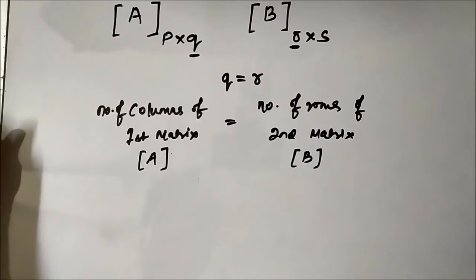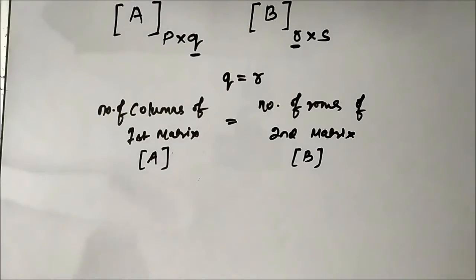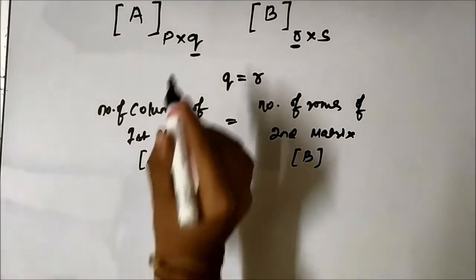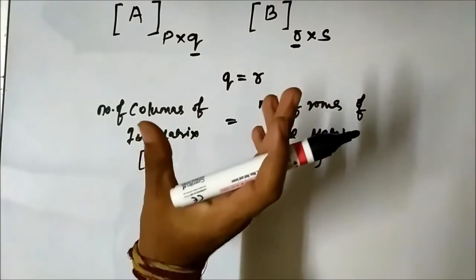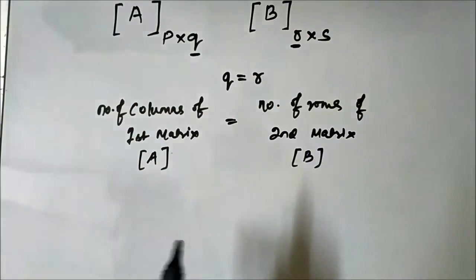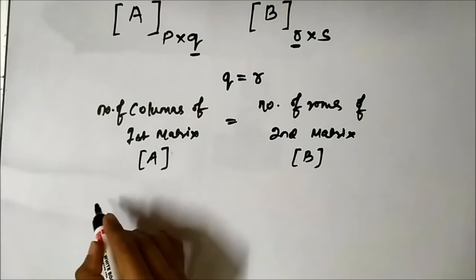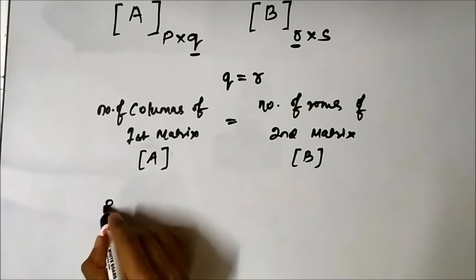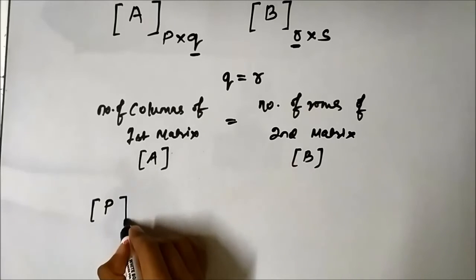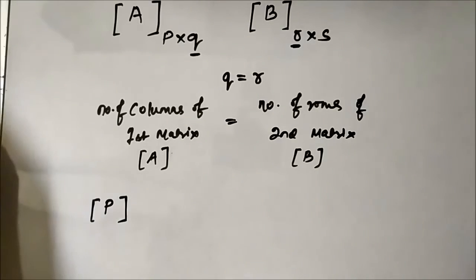And another interesting concept associated with this is that the matrix we get from the multiplication of the two matrices, let us call it matrix P or the product matrix.